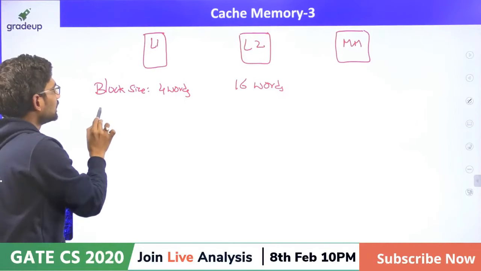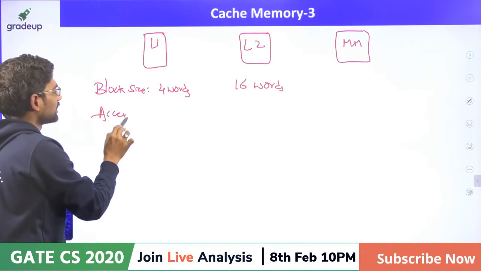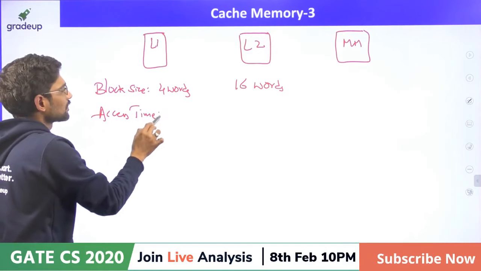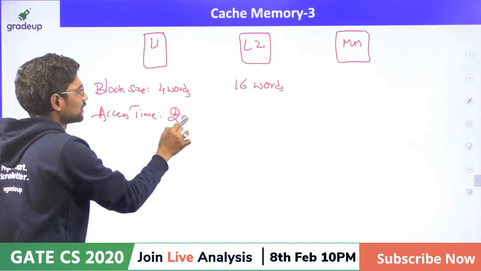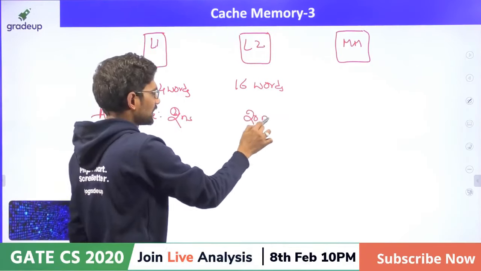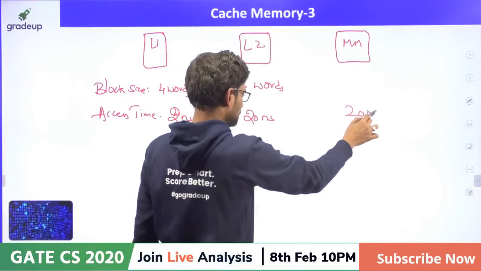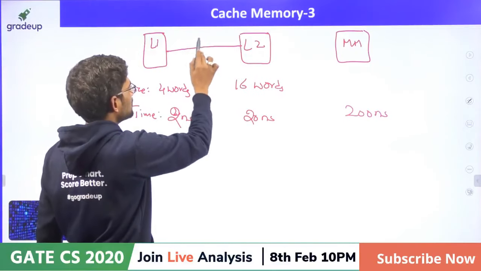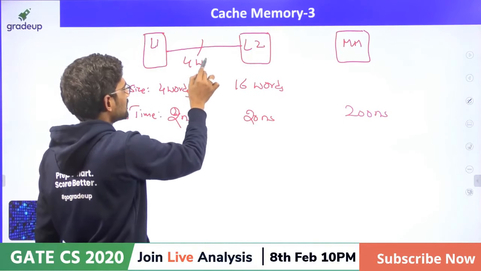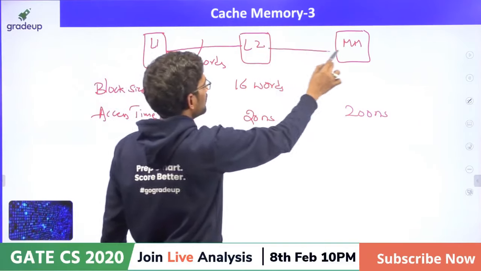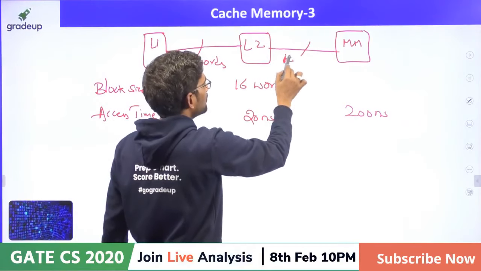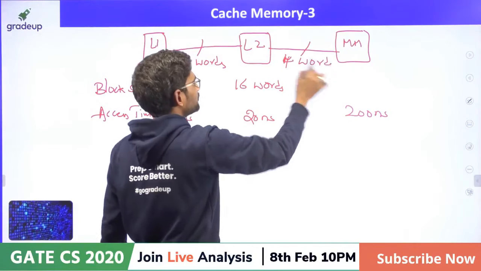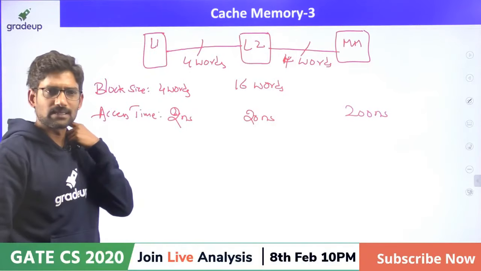And memory access time is given: 2 nanoseconds for L1, 20 nanoseconds for L2, 200 nanoseconds for main memory. And the bus width is 4 words between L1 and L2 as well as between L2 and main memory. This is what is given, isn't it?